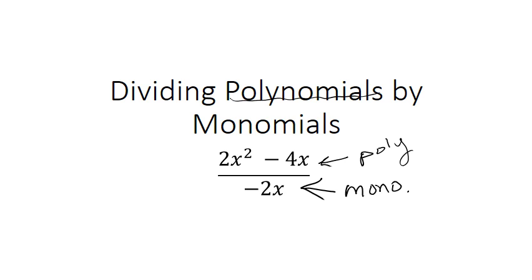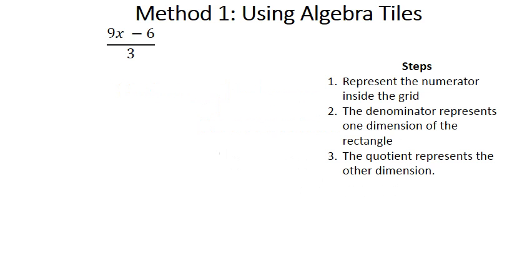The first method is using algebra tiles. To use algebra tiles to divide a polynomial by a monomial, it's the same as when you did division of monomials by monomials, with the same steps. Our first step is to represent the numerator inside our grid.